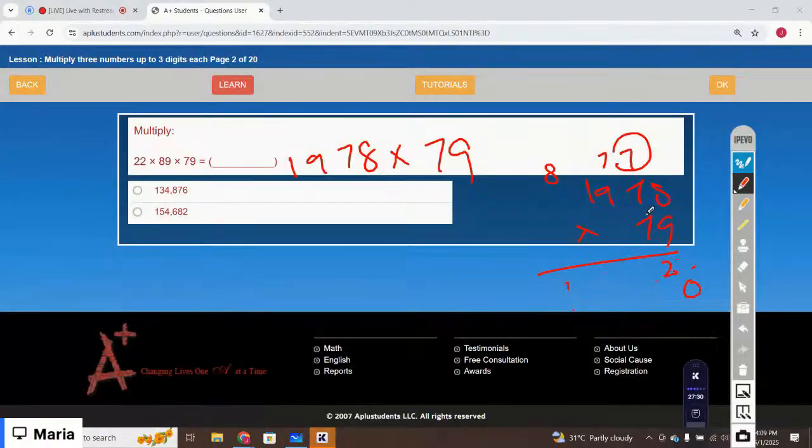9 times 8 is 72. Carry 9 times 5 is 45 and 7, 52... Okay, now let's multiply 7 times 8 is 56. 7 times 5 is 35.